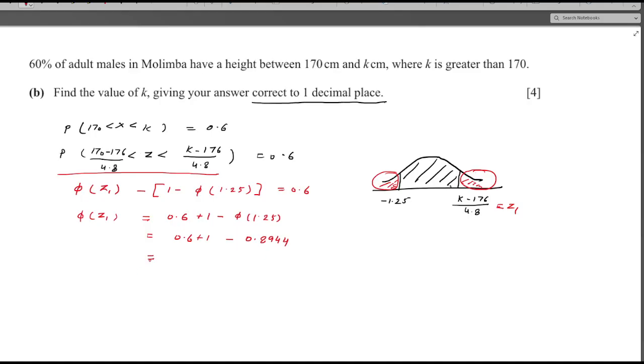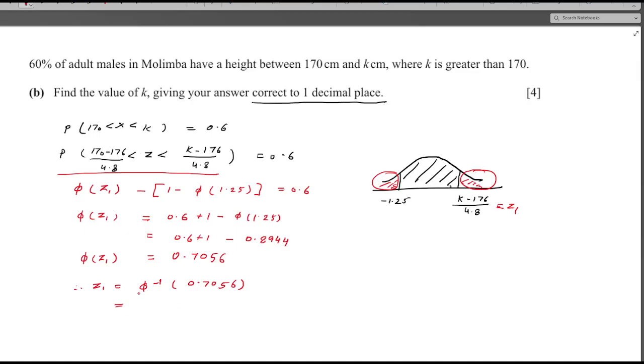So let us calculate it. It is 1.6 minus 0.8944. So this phi of z1 is 0.7056. This is phi of z1, and therefore z1 will be phi inverse of 0.7056.